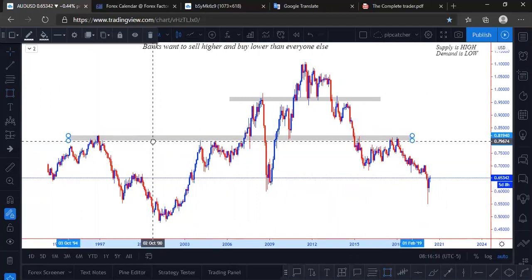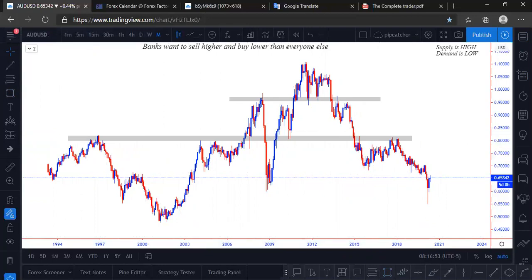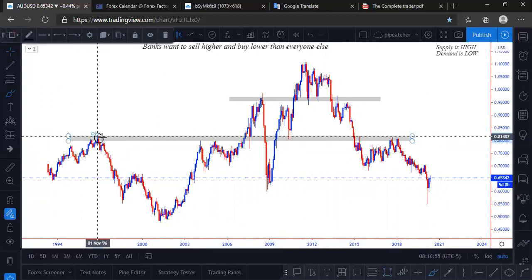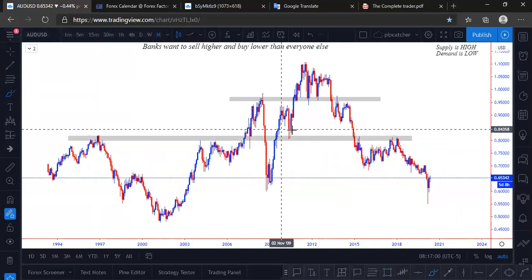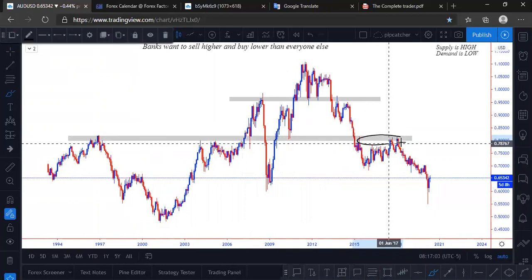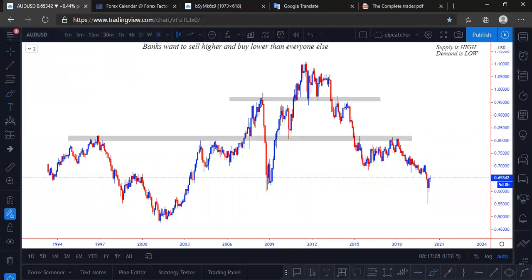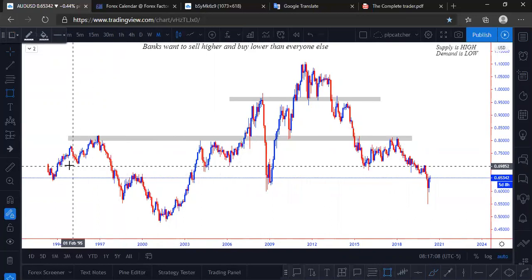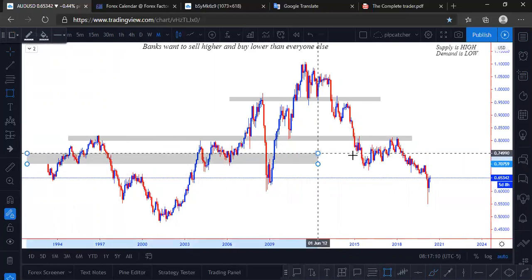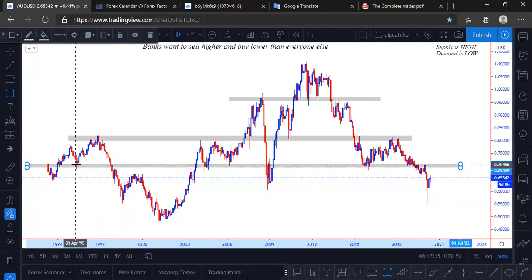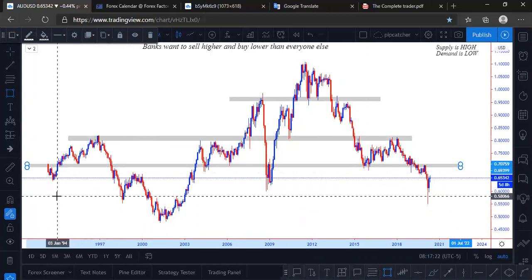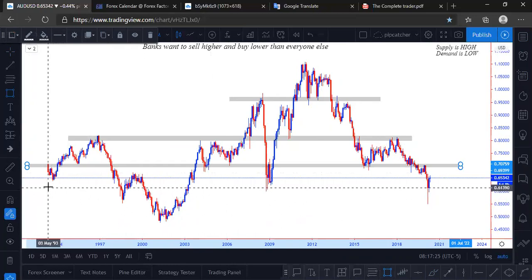So we got some touches right here, here, got a little wick there, nice wick there, couple touches there, so that's good. Let's find another zone. How about right in here? Right in here, right? So we got touch here, touch here, touch here, touch there.